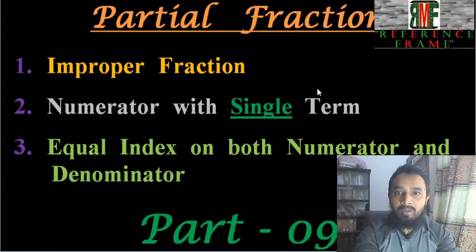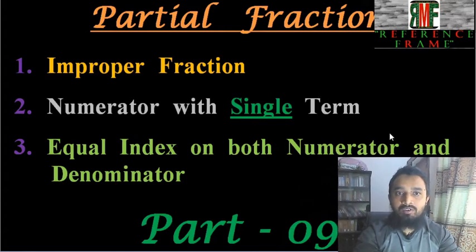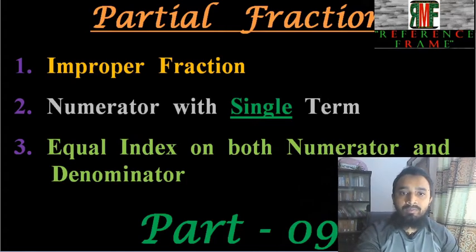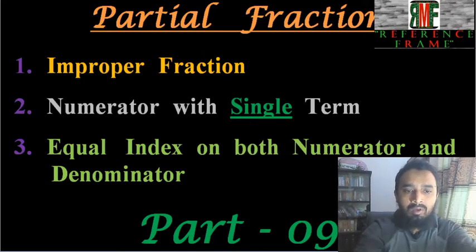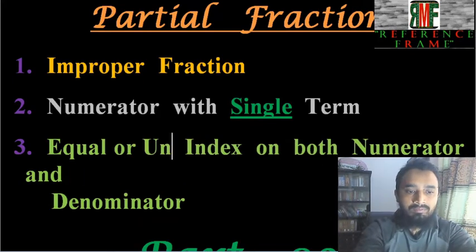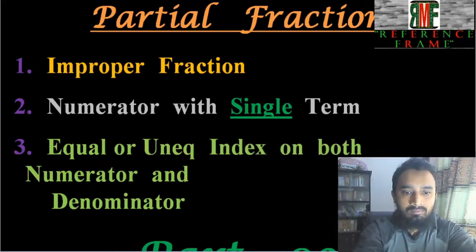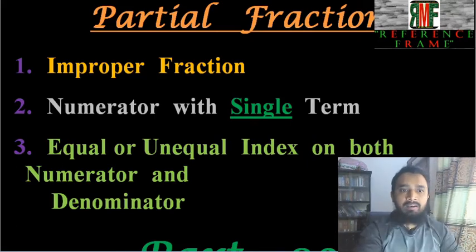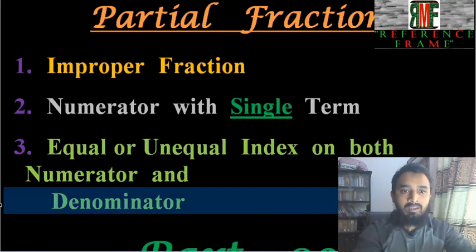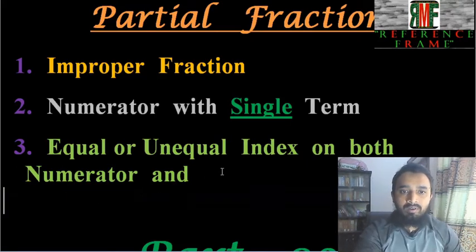So this is our topic today, the ninth tutorial on partial fraction. As you can see, the fraction must be improper. Equal index or unequal, it doesn't matter at all, so you shouldn't be concerned about that part.